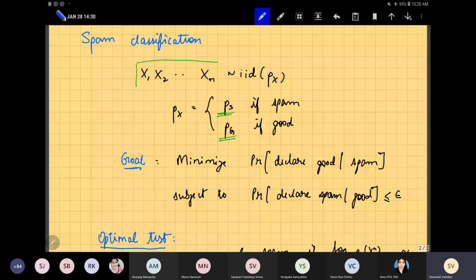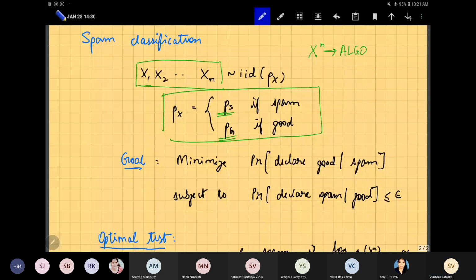So this is known to you a priori, and you have to design an algorithm such that given any input xn, you have to output spam or good email.